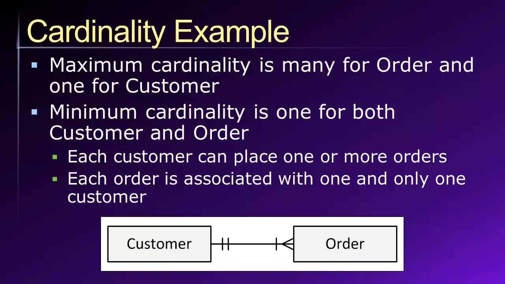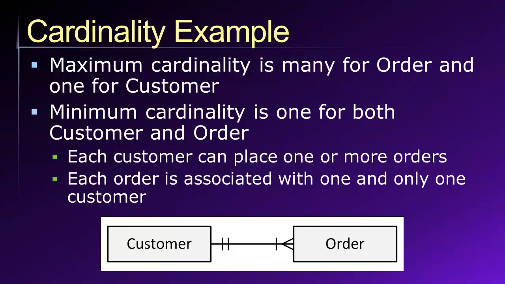In this example, as we follow the relationship line from customer to order, we would read the relationship as follows. A customer can place one to many orders. That is one way in which the relationship can be read.